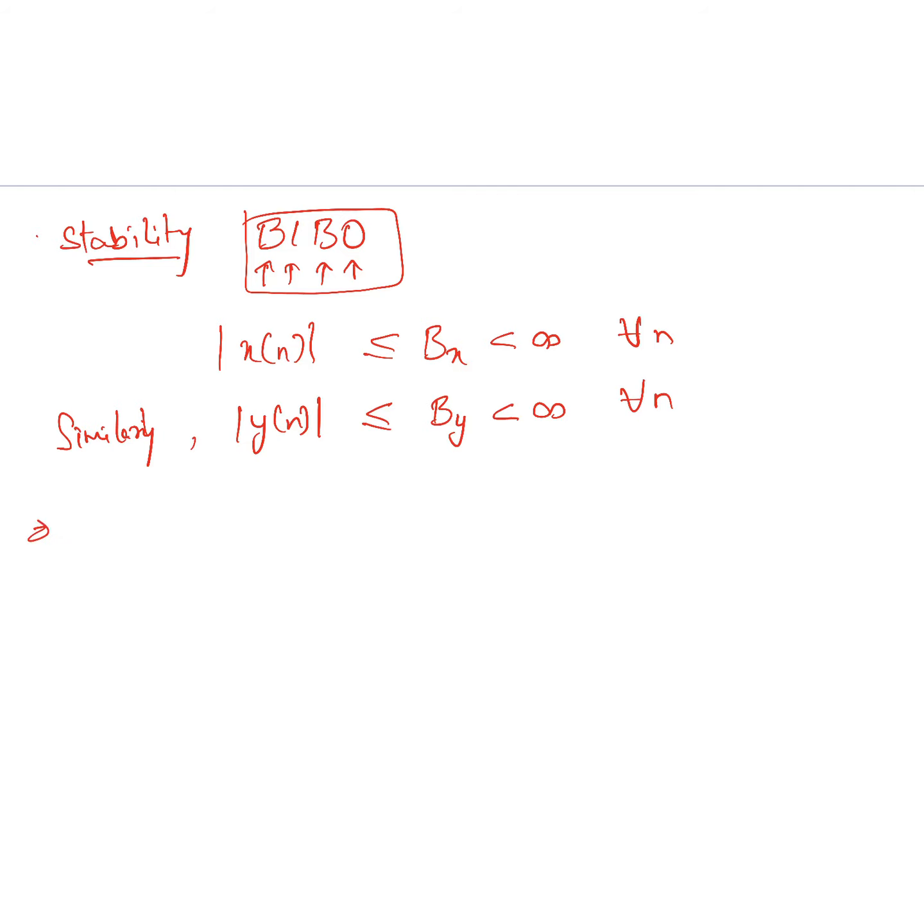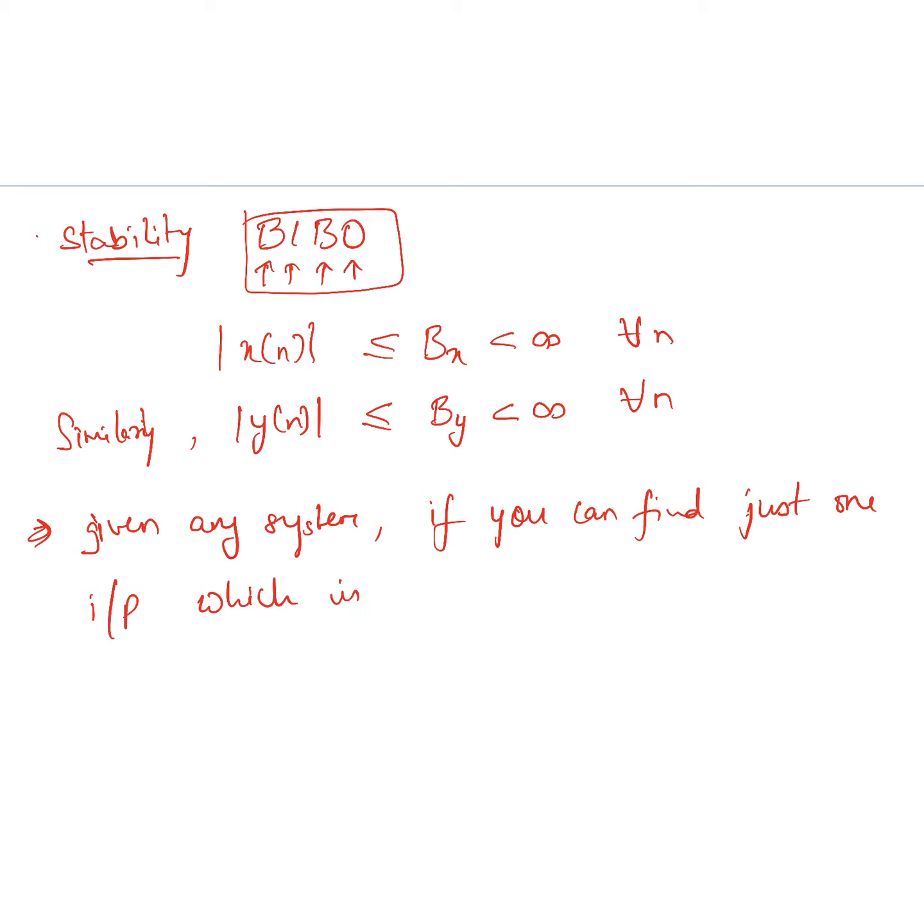Okay? You can see that given any system, if you can find just one input which is bounded but the output is not bounded, the system is not stable.